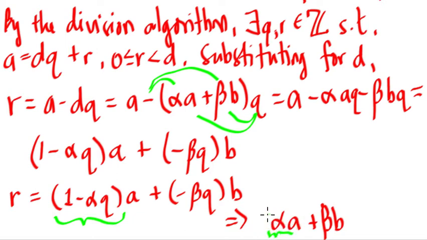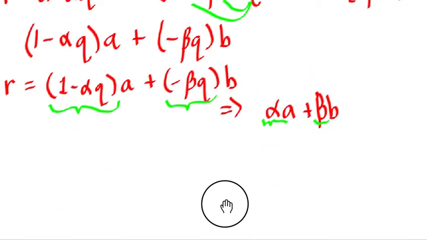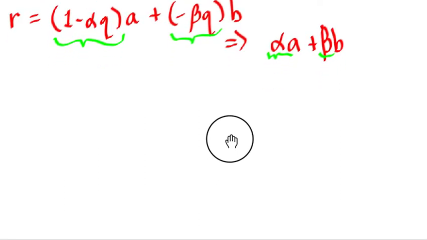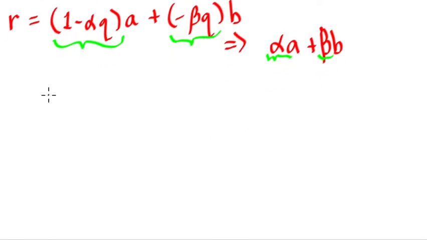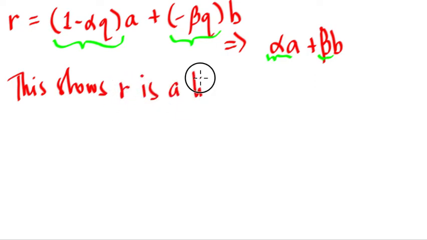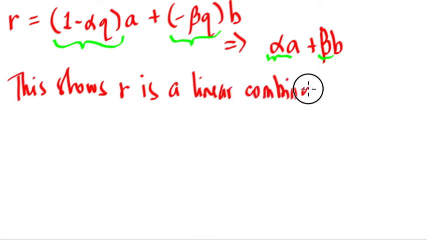So this is your alpha here, and this is your beta over here. This shows R is a linear combination of A and B.